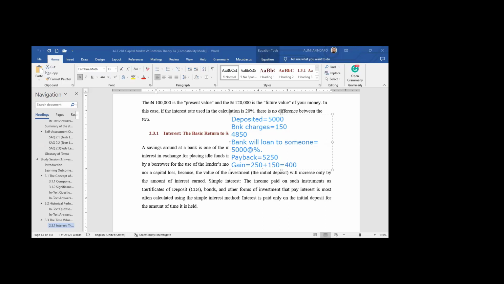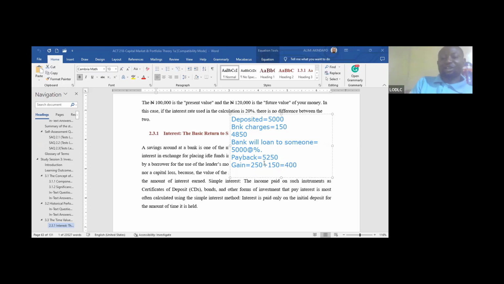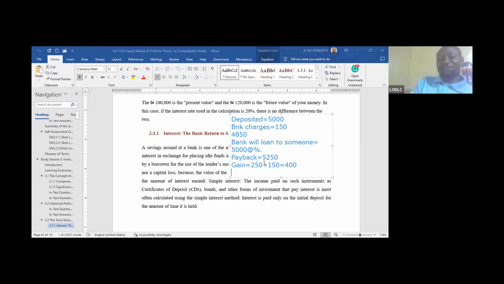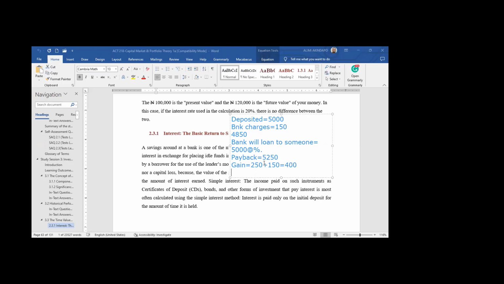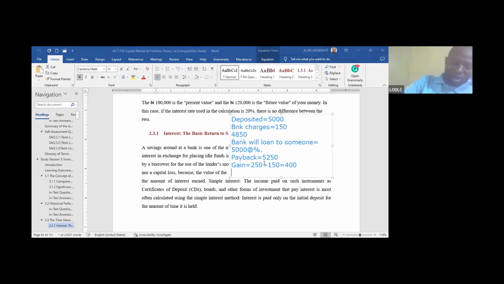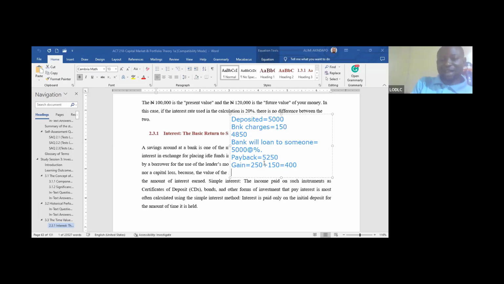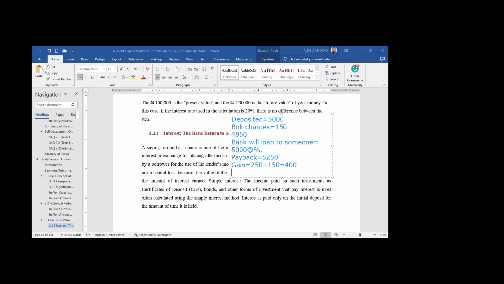Out of this 400, the bank will now say, for depositing 5,000 naira, let's say you have 1%. It's not even up to 1%, because the bank will give you a very low interest rate. So they will now pay you 50 naira from your money.